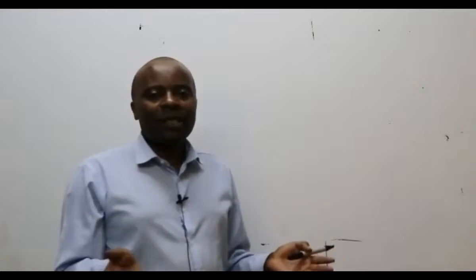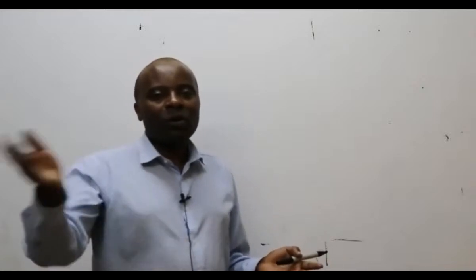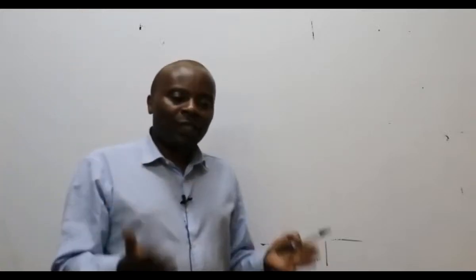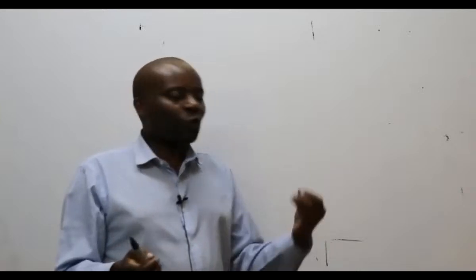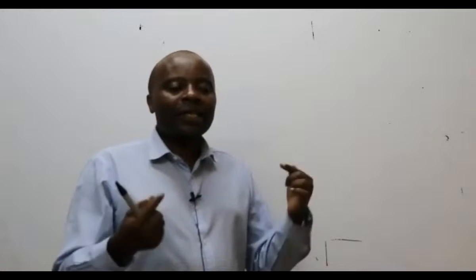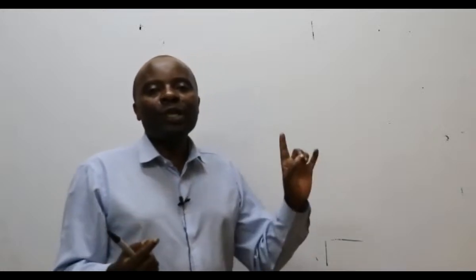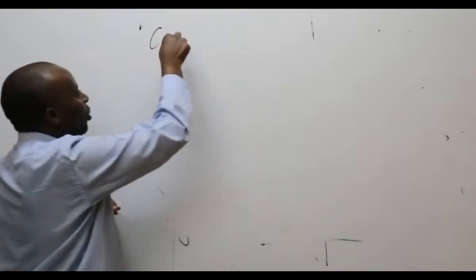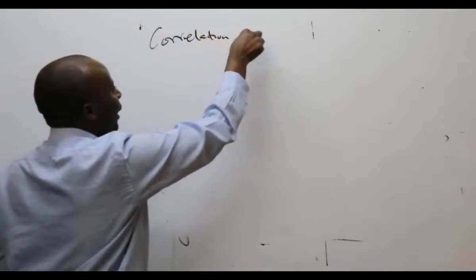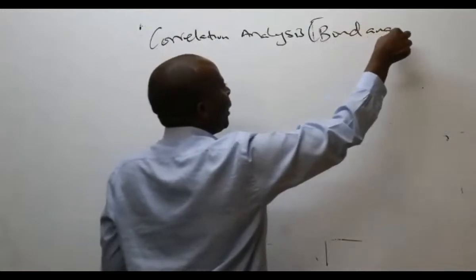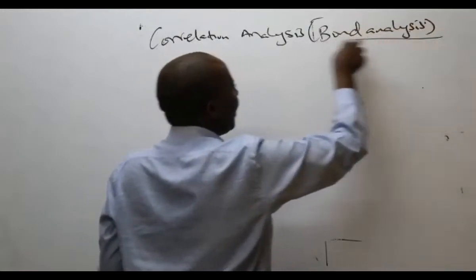So you come into the house, the husband is watching TV, the wife is in the kitchen, the wife has escaped upstairs, and so they don't talk to each other. So at the end of the day, if we have two variables, y and x, that have been married into a model, we need to go a step further to assess the bond between y and x. So basically, ladies and gentlemen, we are going into what we call correlation analysis. Correlation analysis. This is the bond analysis.